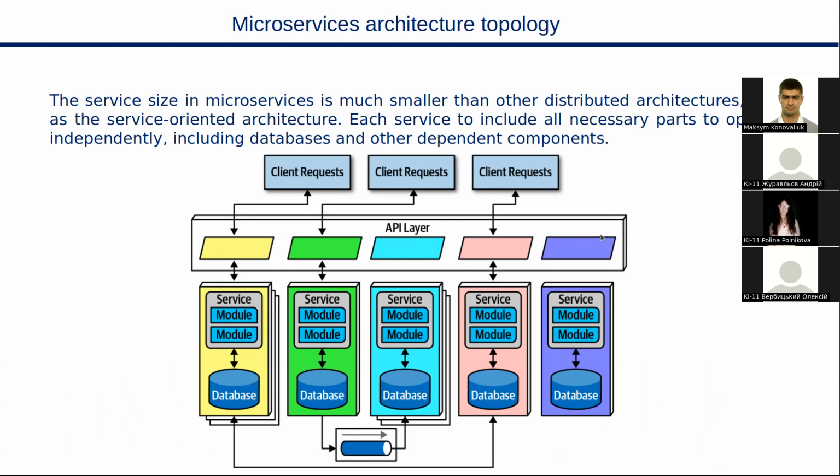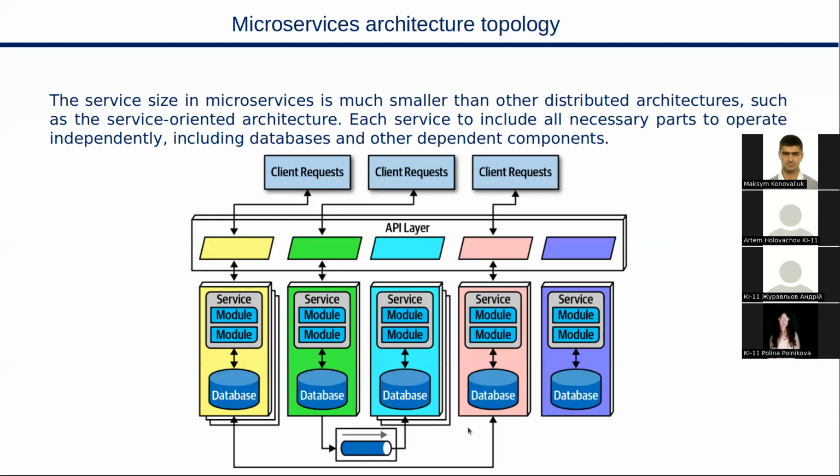This is a general example of how the topology can look. It doesn't mean that microservice architecture should look exactly the same way. For example, here you can see communication through asynchronous messaging. It can be any implementation such as Kafka, RabbitMQ, or so on, or it might not be there at all.